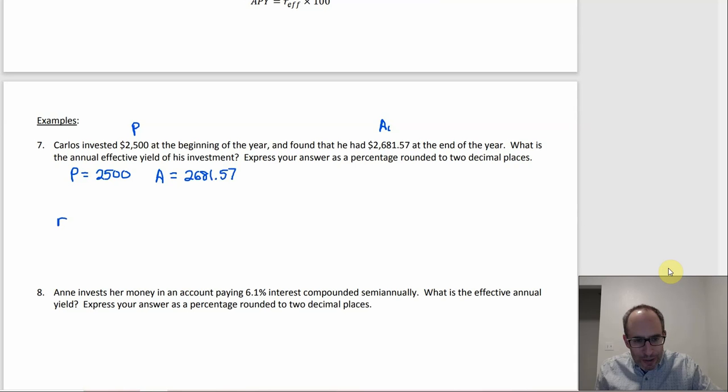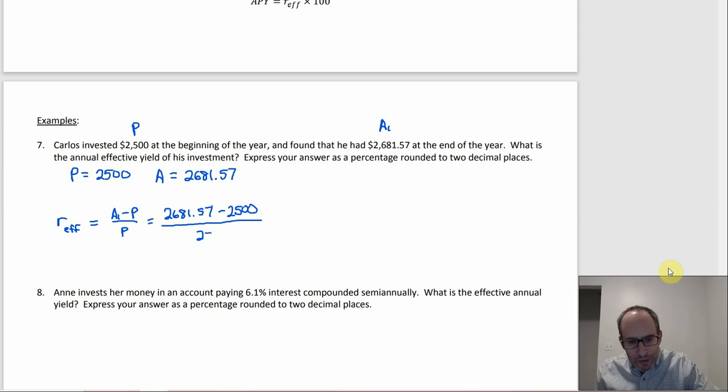And then R sub EFF, our effective interest rate, is going to be A1 minus P over P. So it's going to be 2681.57 minus 2,500, and then that amount is divided by 2,500.